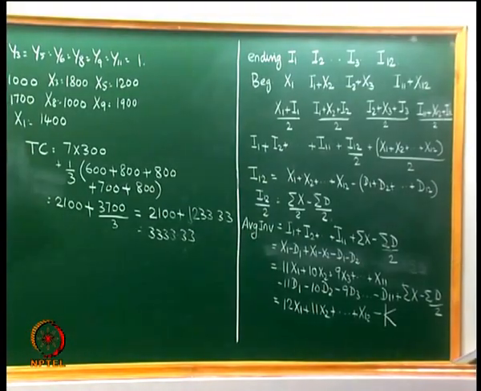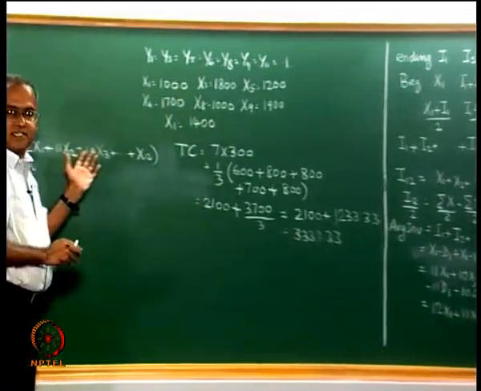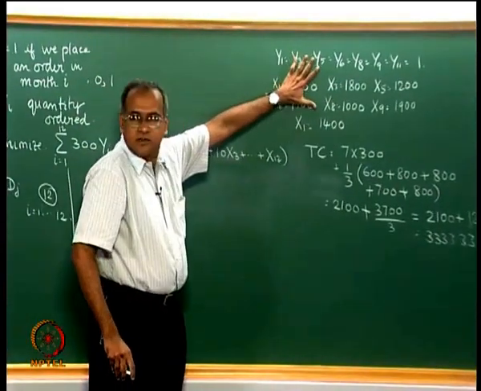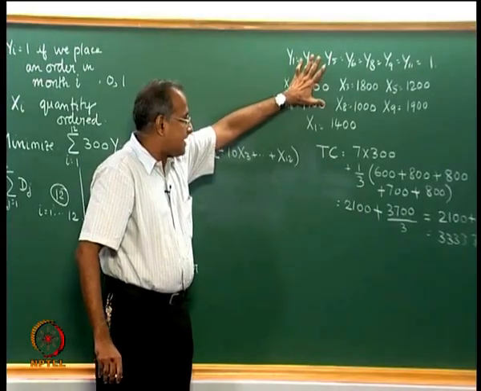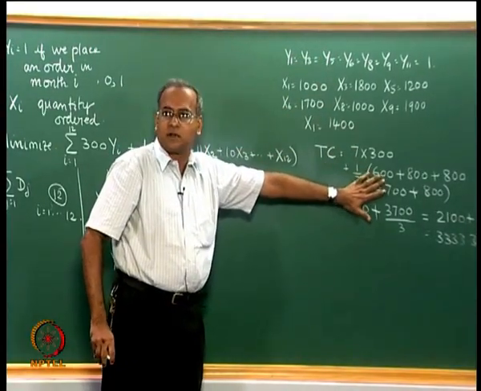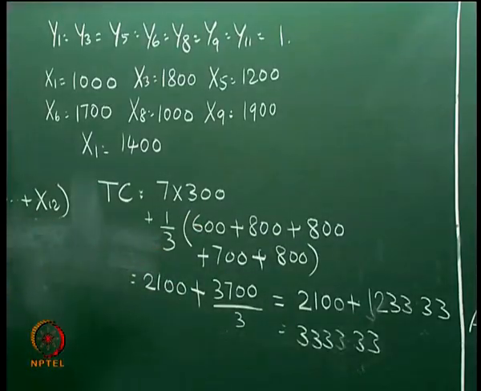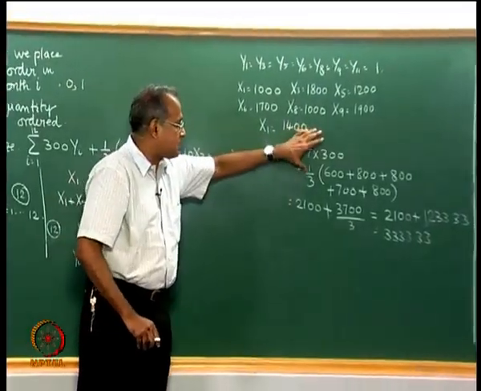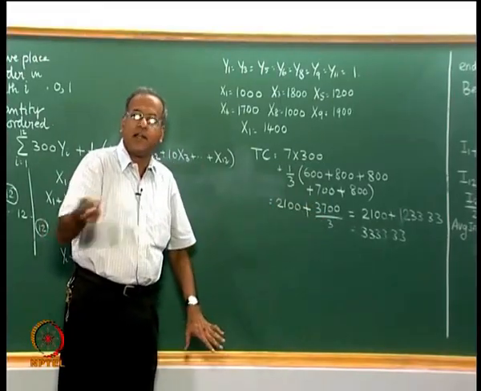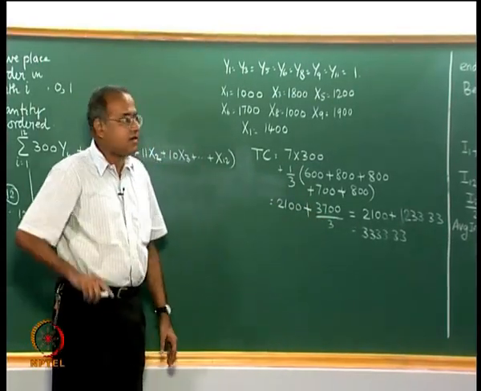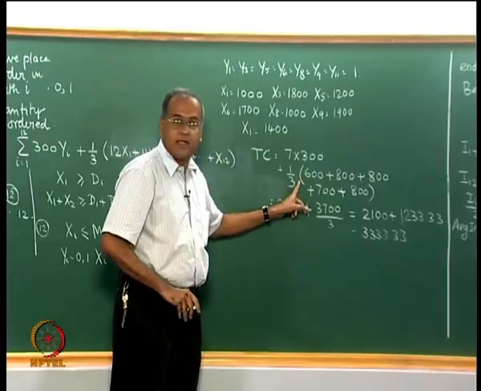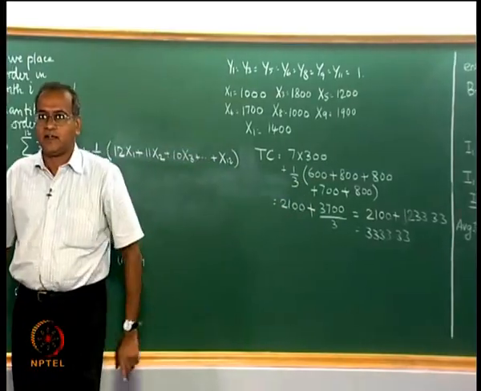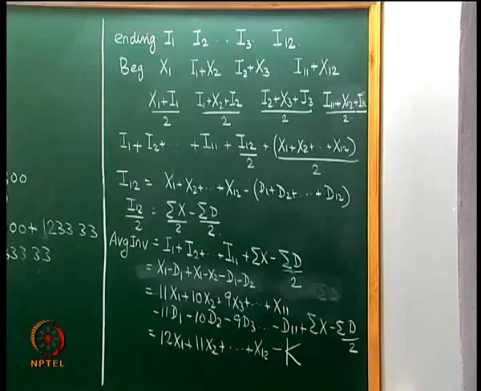So we have already seen the optimum solution to it. The problem does not change, so this is the solution for it. The only change is in calculating the total cost. Now when we considered ending inventory, the total cost was computed as order cost plus carrying cost of the ending inventory. Now we have to compute this cost again considering the average inventory, and there will be 12 terms instead of 5 terms.